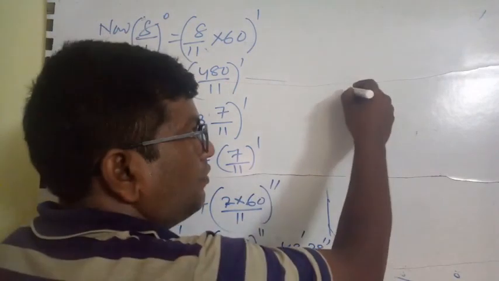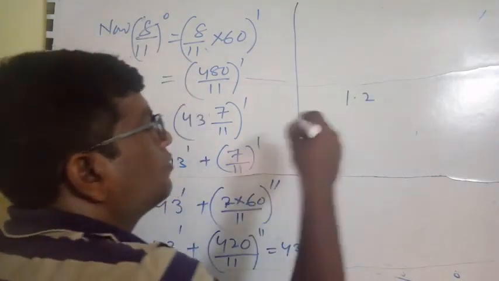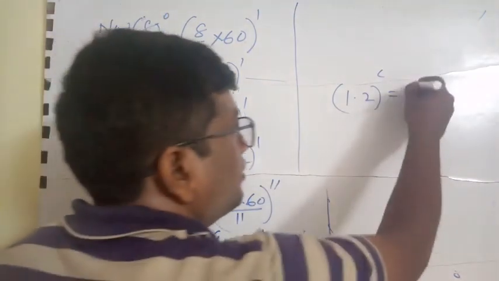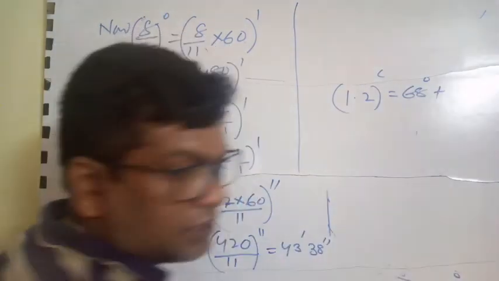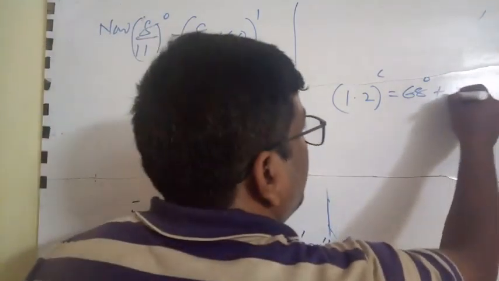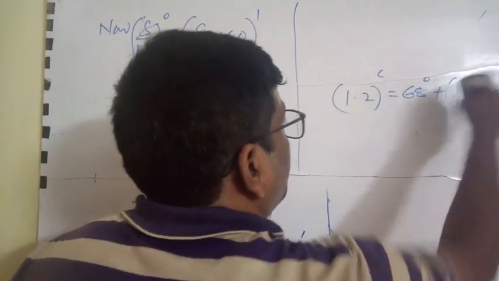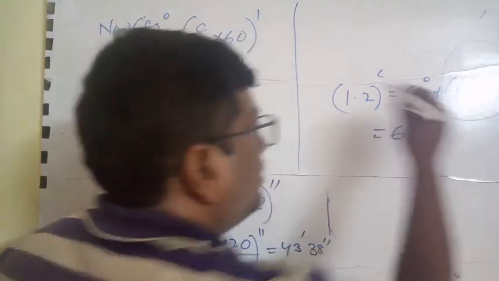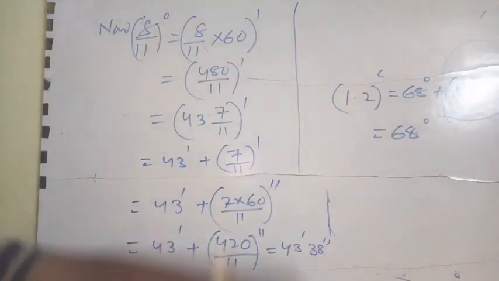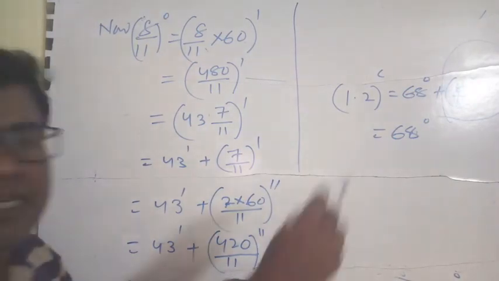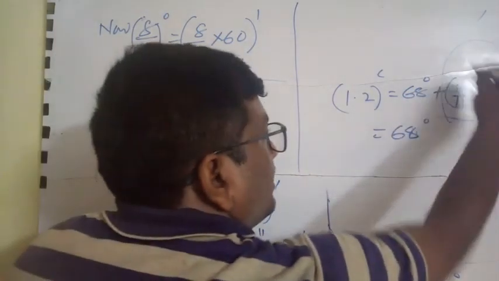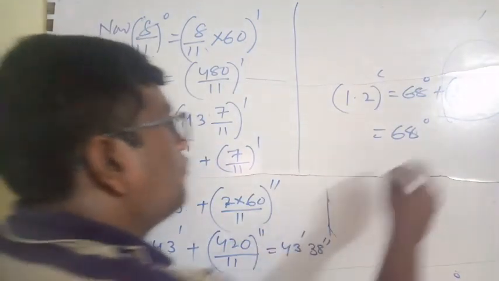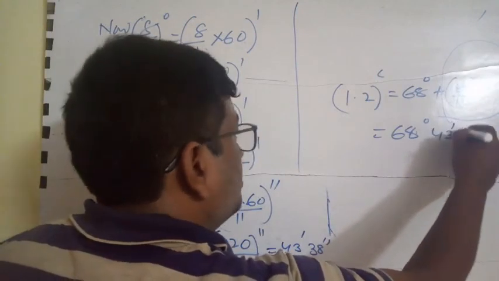Now 1.2 radian is equal to 68 degree plus 8 by 11 degree, that is 68 degree, and the value of 8 by 11 degree is 43 minutes 38 seconds.